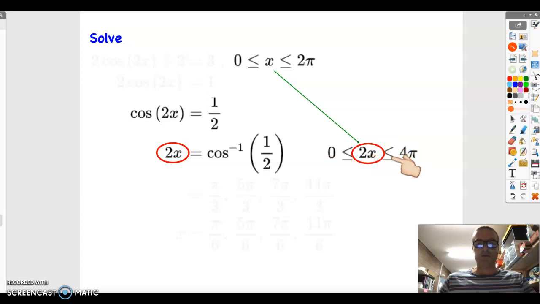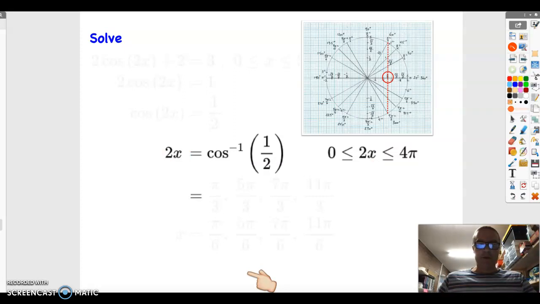That means the solutions for 2x must be between 0 and 4 pi. And I find this helps me understand how many solutions I'm going to end up with for this equation.